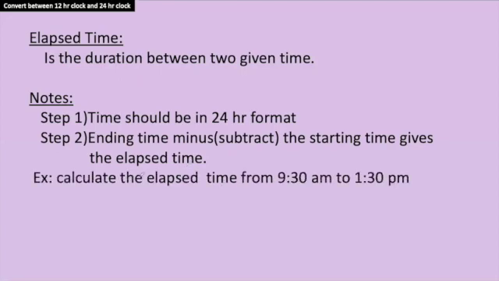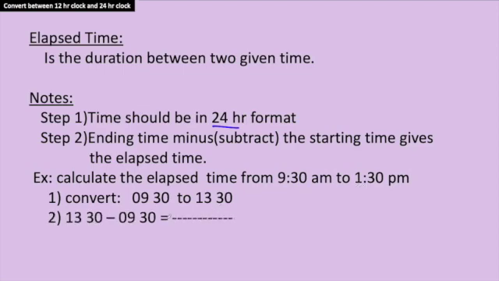Let us see an example. Calculate the elapsed time from 9:30 a.m. to 1:30 p.m. Step number 1, we have to convert it into 24-hour clock. Because this is AM, we just write it 0930. And because this is PM, we add 12, so it is 1330.